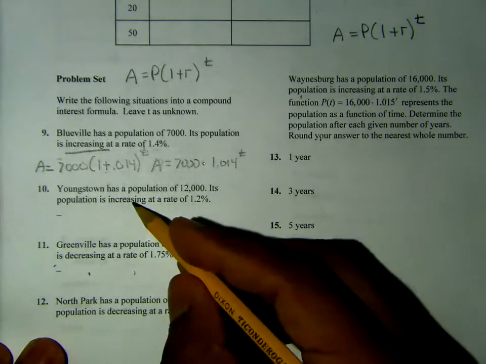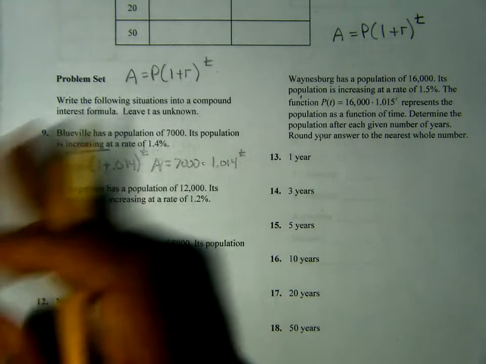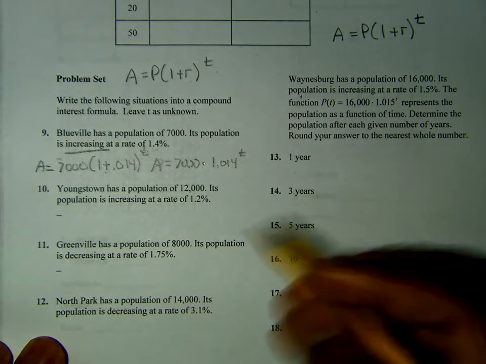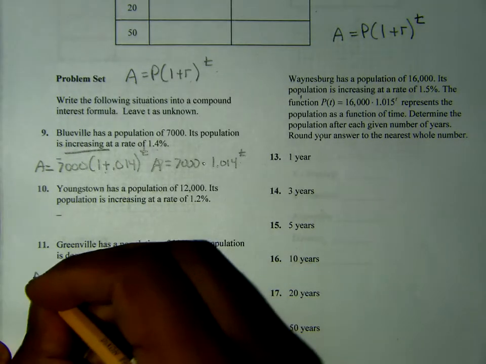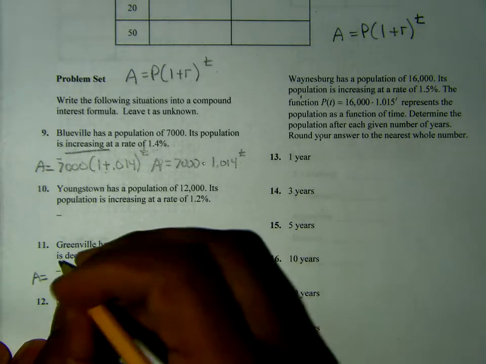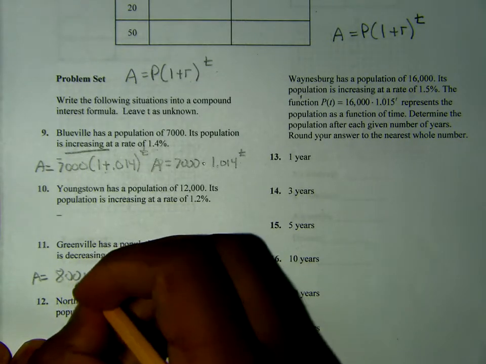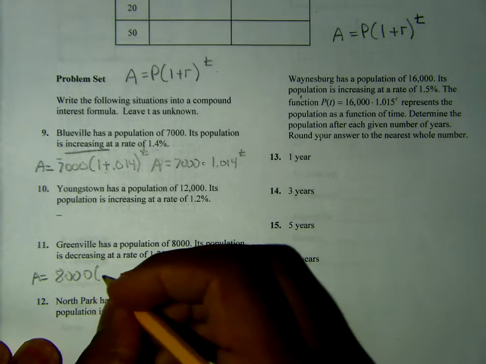Now, if it was decreasing, it would be different. So let me show you one where it's decreasing. Skip down here to number 11. You have A is equal to our principal, 8,000, times 1.